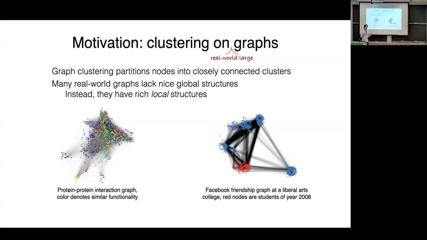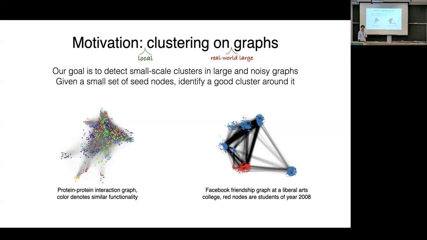So although the graph itself may not exhibit those global properties, we could also have these local structures that are very rich. And these are the ones that we'll be focusing on finding. So our goal is to detect those small-scale clusters. One distinction that is important to make here is that we're focusing on one particular structure.